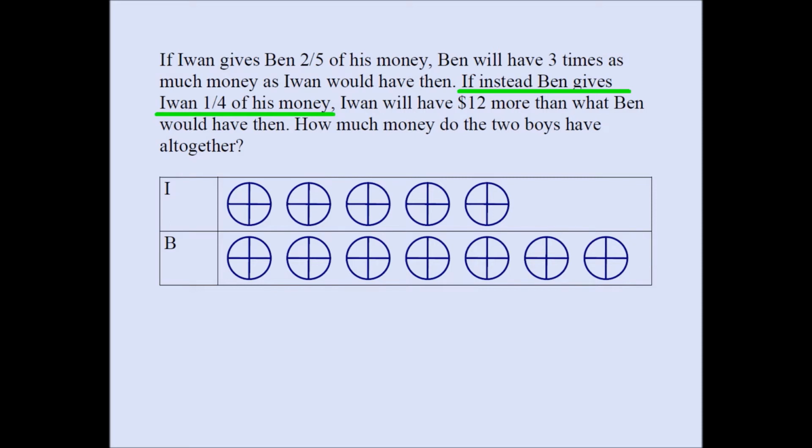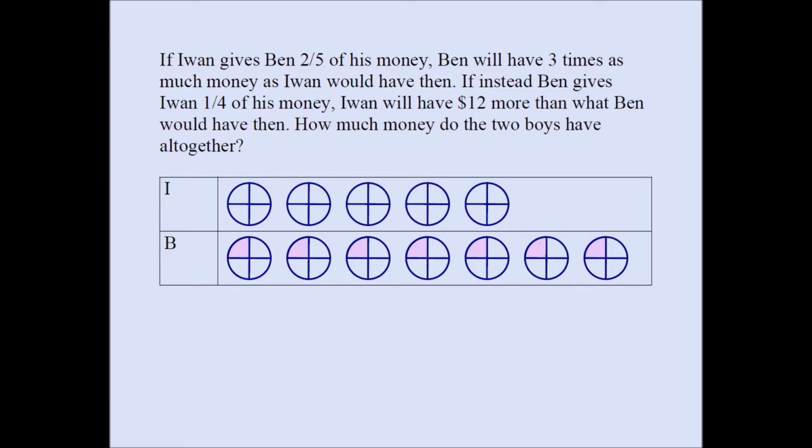So this picture helps me decide that Ben is going to transfer 7 quarters to Ivan. 1, 2, 3, 4, 5, 6, 7.